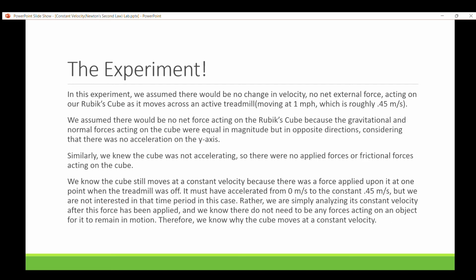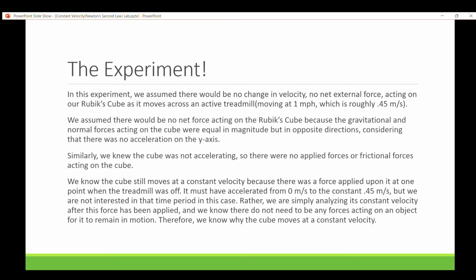Similarly, we knew that the cube was not accelerating, so there were no applied forces or frictional forces acting on the cube, at least in the x direction. We know the cube still moves at a constant velocity because there's a force applied on it at one point when the treadmill was turned on.